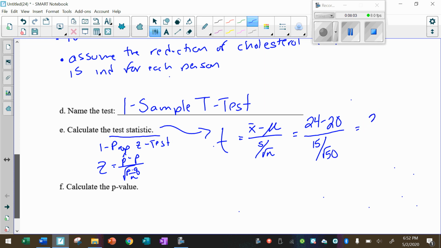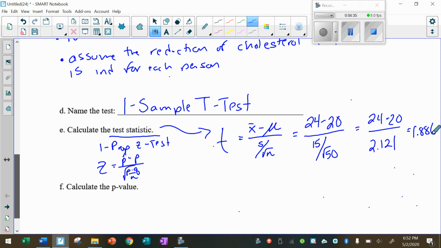So we have 24 minus 20, over 15 divided by the square root of 50, which is 2.121. And so 24 minus 20 is 4. 4 divided by 2.121 gives us what's called a t-score of 1.886.